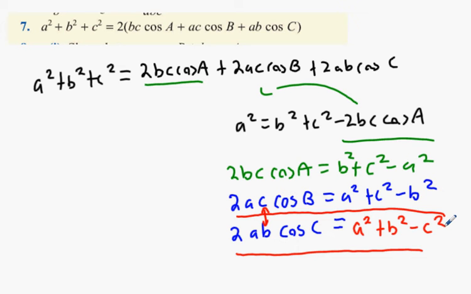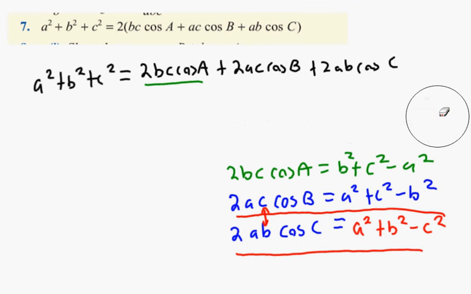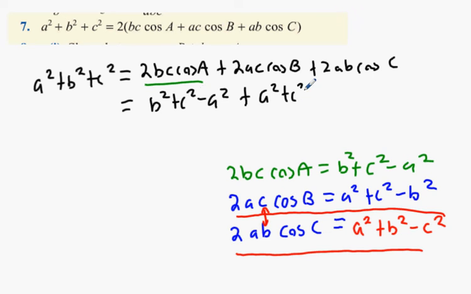And what can I do underneath them? Take away the one with 2. No, I don't have to do that. Look at it. There's already 2. So replace that with what goes? 2BC cos A. So B squared plus C squared. Next one. A squared plus C squared plus B squared.